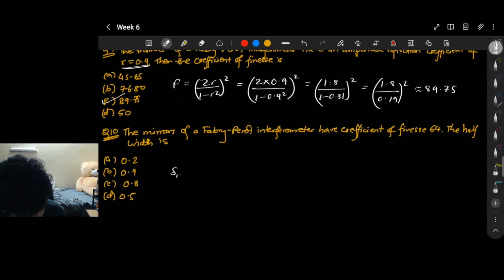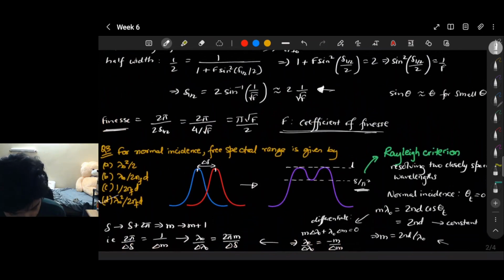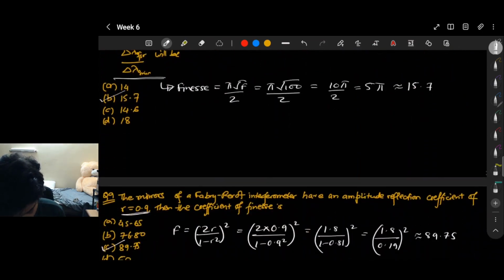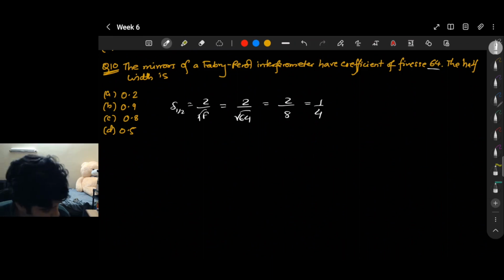So delta half is 2 over root F. We are given F is 64, so 2 over root 64, which is 2 over 8, which is 1 over 4, which is 0.25.